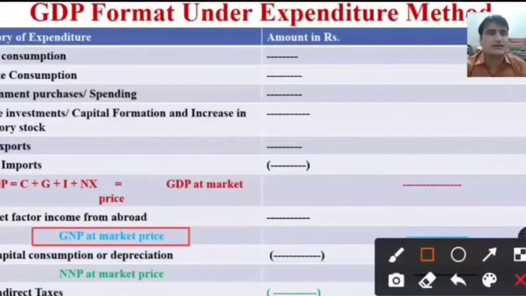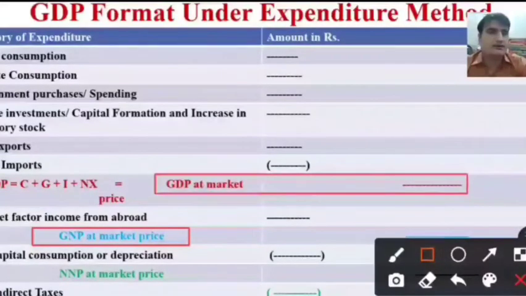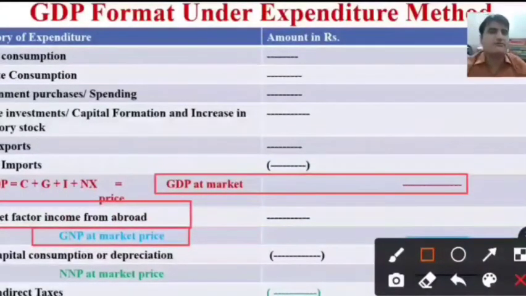Firstly we calculate the GDP at market price, then we add the net factor income from abroad. It means income earned by Pakistani people from abroad minus income earned by foreigners in the domestic country. By doing this calculation, we shall reach the GNP, the gross national product at market price.